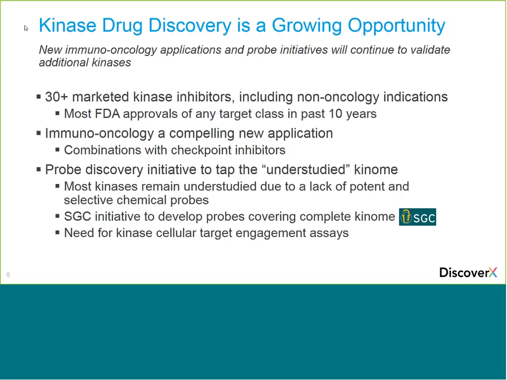And so they've started an initiative that's already very successful, where they're creating incredibly valuable chemogenomic sets to ask the question, what do the rest of the kinases do, and what diseases are they relevant for? And of course, to support this initiative, there's a real need for kinase cellular target engagement assays, so that when they develop a probe, it can be validated in the cellular milieu. And I'll show some data on how InCELL Pulse has helped move that initiative forward.